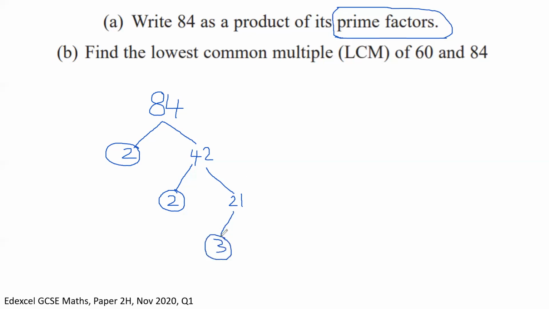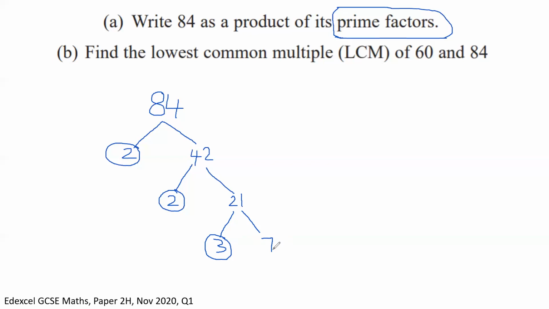So 3 again is a prime number. The only 2 factors of 3 are 3 and 1, so therefore it's a prime number. 21, what's the pair? What's the number that goes with 3 and multiplies to get 21? Hopefully you remember in your times tables, 3 times 7 is 21.